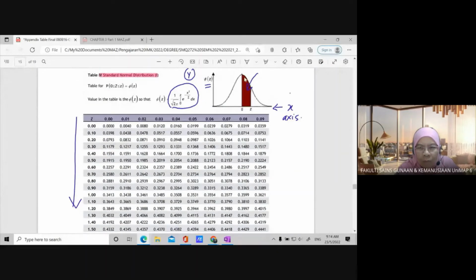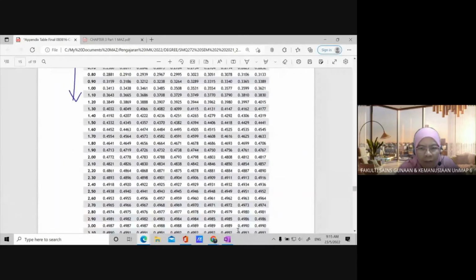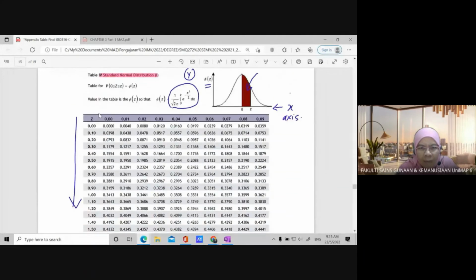So 0.4772 is inside this particular area, and the Z value here is equal to 2. Okay, class? So you have the Z value for the x-axis value and the probability value. All the values inside this particular table are reflecting the probability value in the brown shaded area. Okay, so that's how we refer to our table.